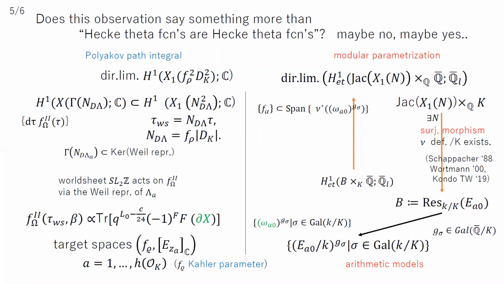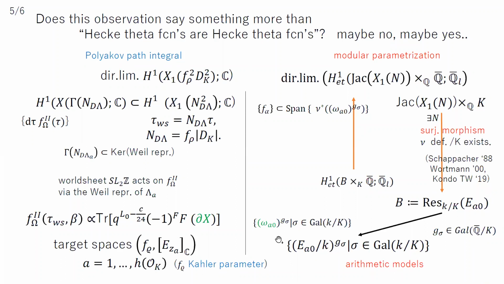There is a more well-established story for the elliptic curves, not necessarily with complex multiplication, but defined over the field of rational numbers. And then we don't have to have this factor K or other stuff. There is a straightforward projection from the Jacobian of the modular curves to the elliptic curves defined over the field of rational numbers.